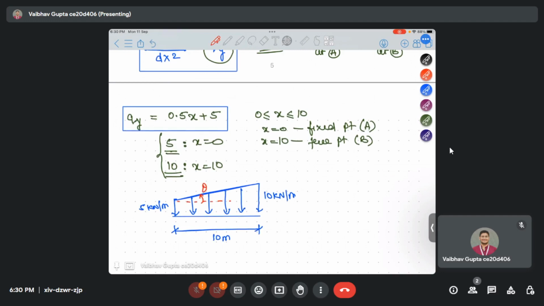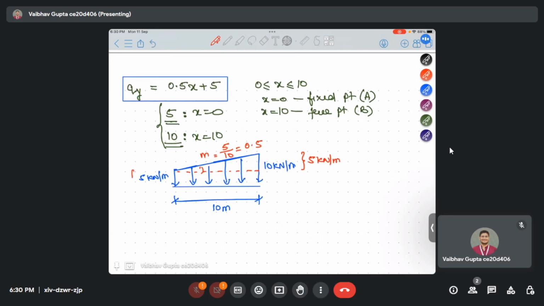This theta is nothing but this height, which is equal to 5 kilonewton per meter, by length 10, so 5 by 10 is equal to 0.5. So 0.5 is our m. Slope of this line is 0.5.